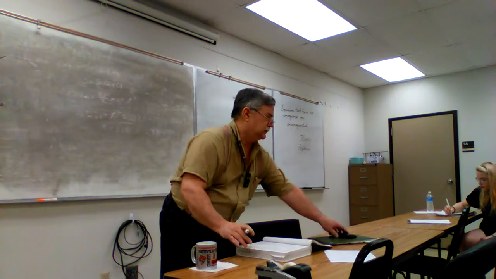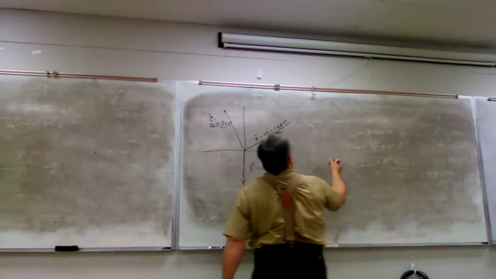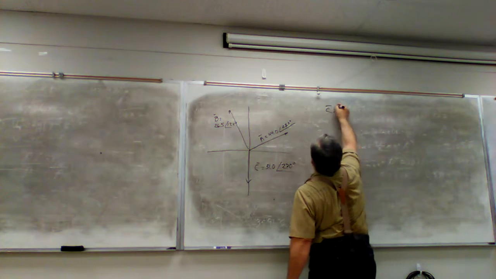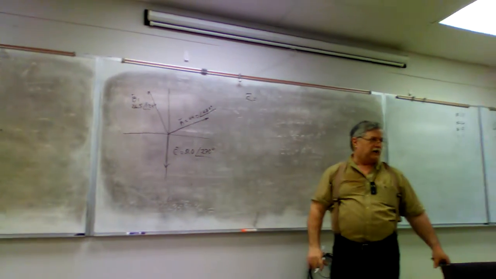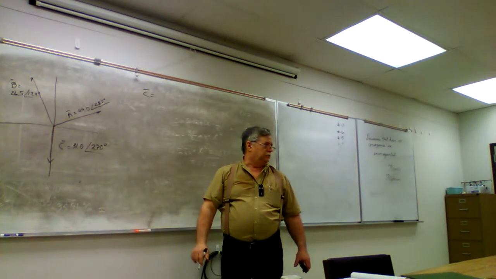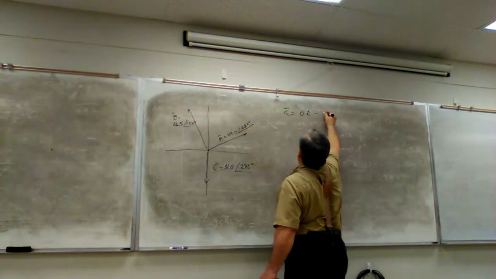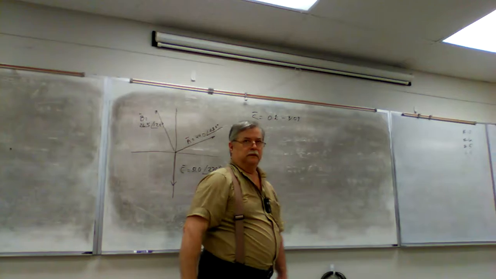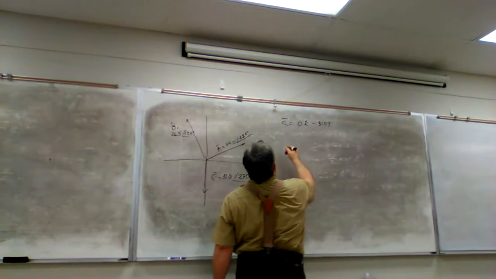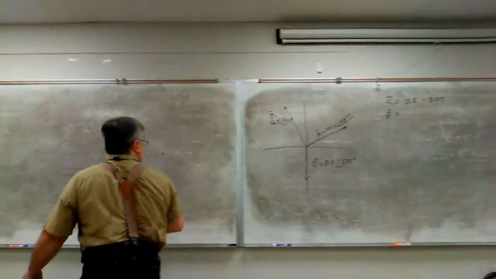So we've got to add them together. What does that mean we have to do? First thing we've got to do is convert them all into rectangular form. What is C in rectangular form? Without your calculator, just look at it. It's 0i minus 31.0j. Exactly. Okay, what is A? Let's do the conversion over here. It's 44 at 28, right?